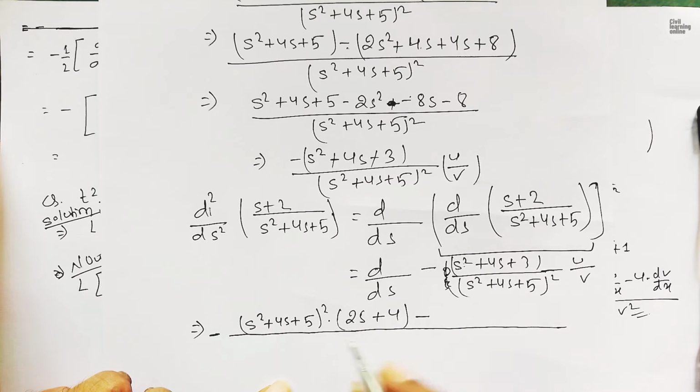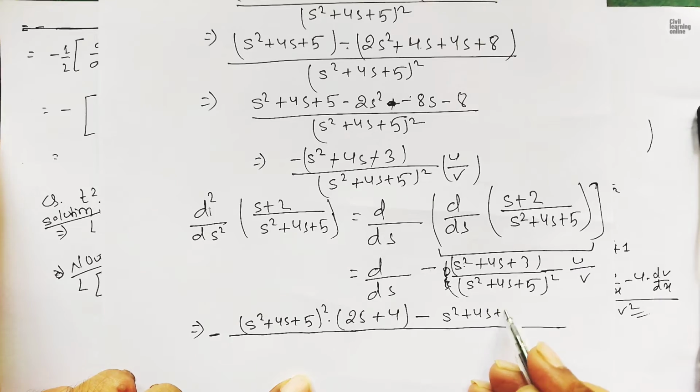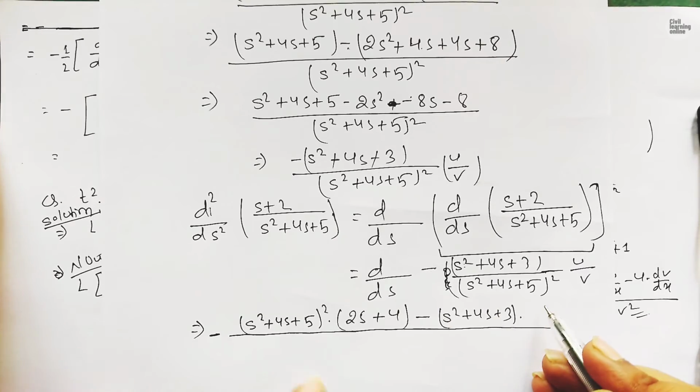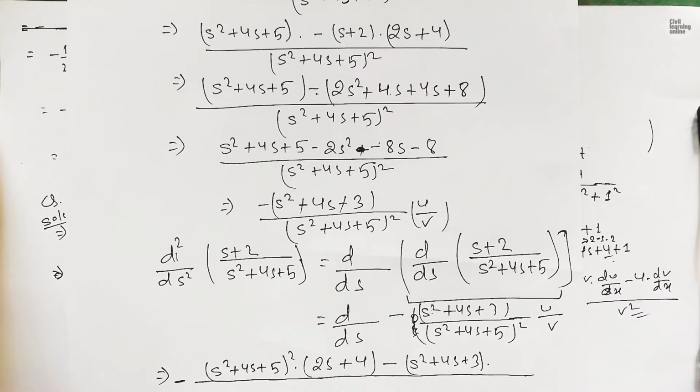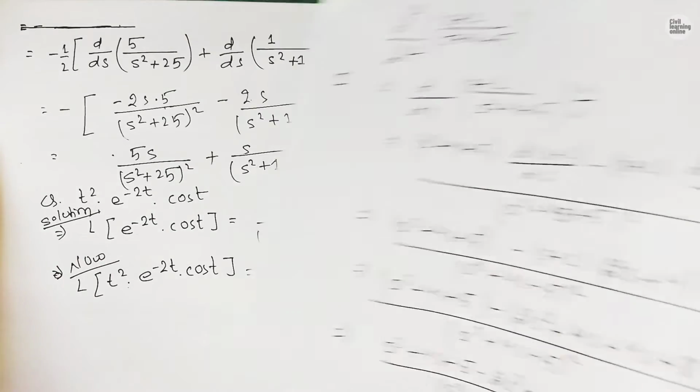Now minus v times du upon dx minus u times, so s square plus 4s plus 3 times the derivative of this term, s square plus 4s plus 5 whole square. See here how we can do this.